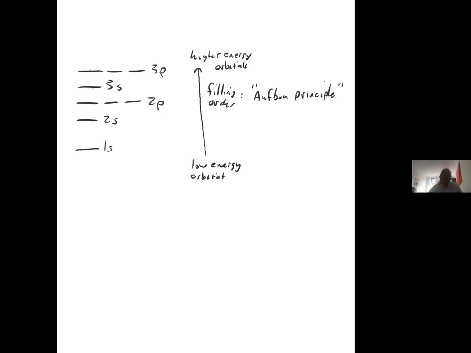Okay. Now, a little bit more about the notation. Sometimes we use boxes or circles. So you might see the 1s orbital represented with a little box, or you might see it represented with a little circle. I tend to just use a little horizontal line to represent it.